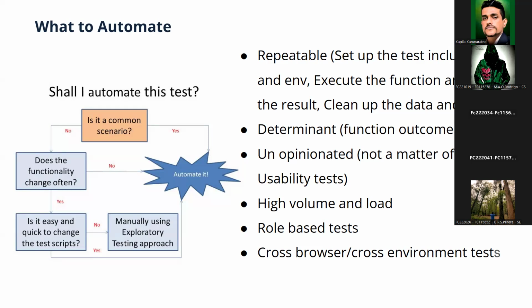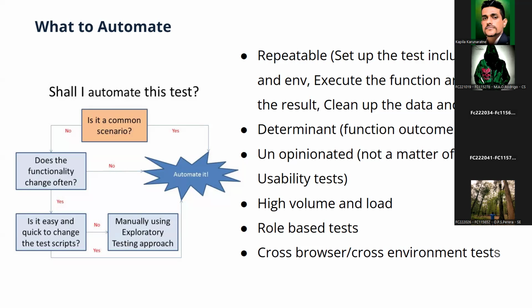One thing is repeatability. The test has to be repeatedly executable, so there should be a lot of repeatability. Think you want to develop a mobile app that should support Android and iOS. You need to test your application on both, with the same test case.